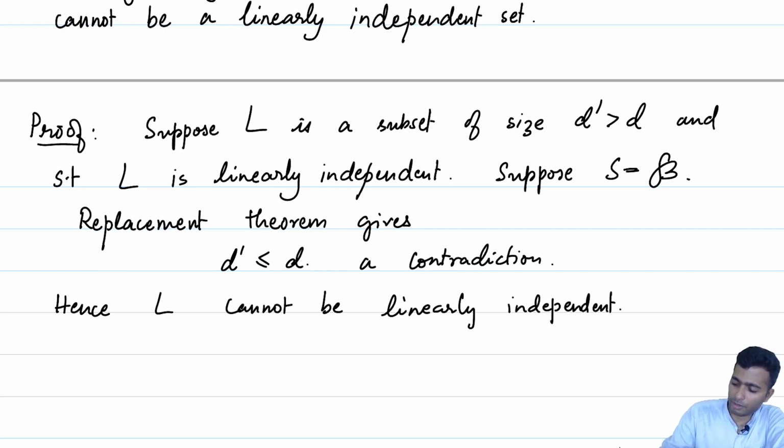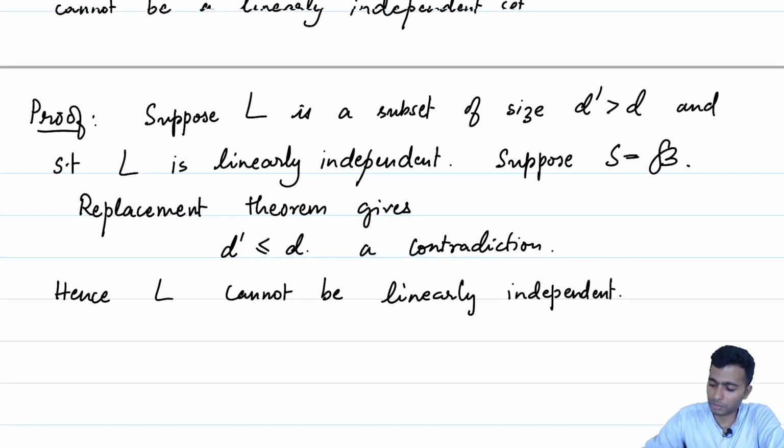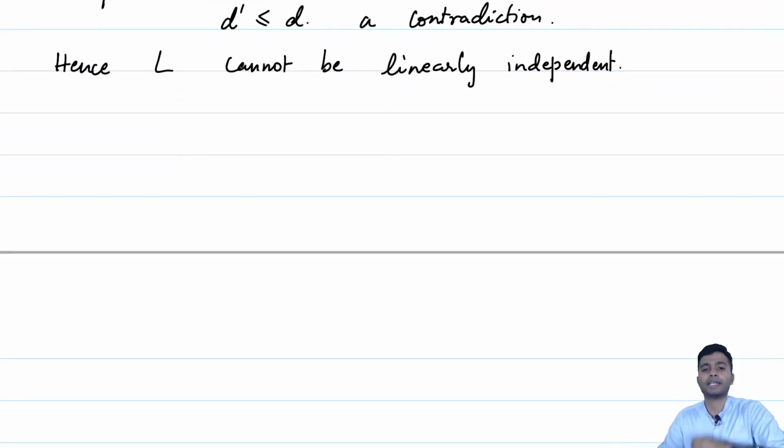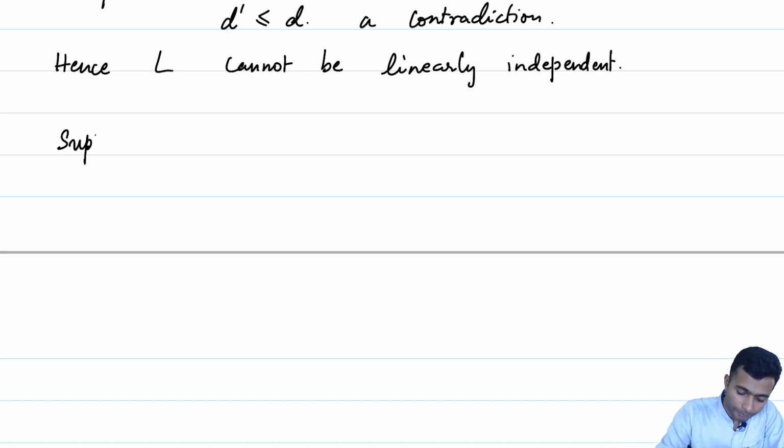But we have put in an assumption that L is finite here. What will happen if L is infinite? We couldn't have applied the replacement theorem here, right? So suppose L is infinite.